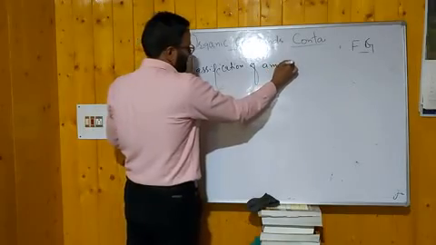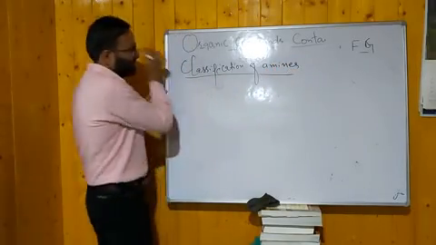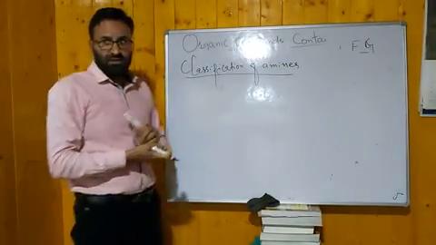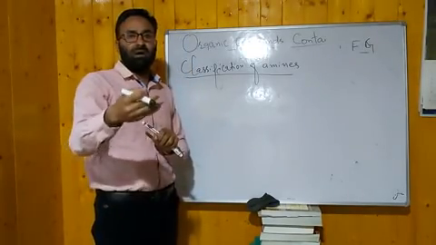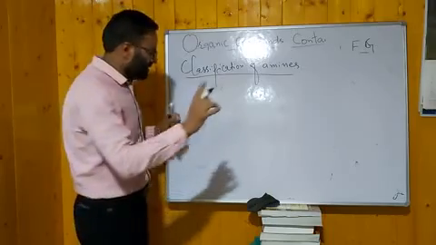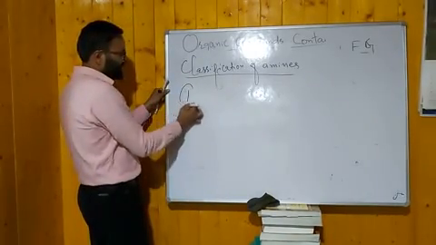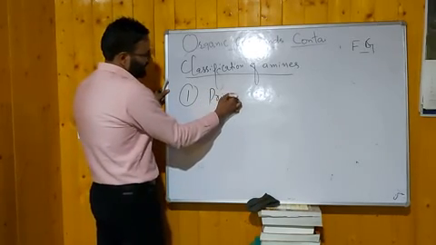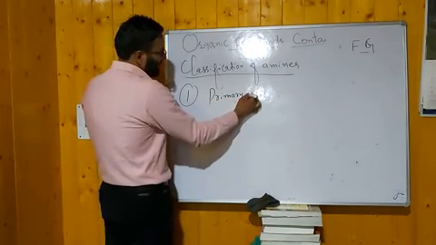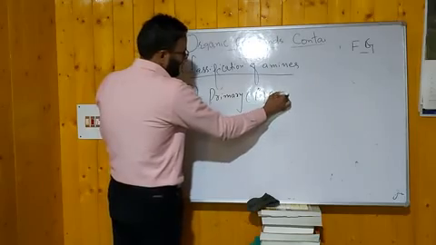Classification of amines. The first classification we have discussed here is on the basis of the number of hydrogen replacements. If you replace one hydrogen by one R group, it is known as a primary or 1-degree amine.